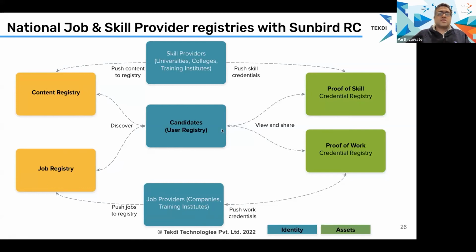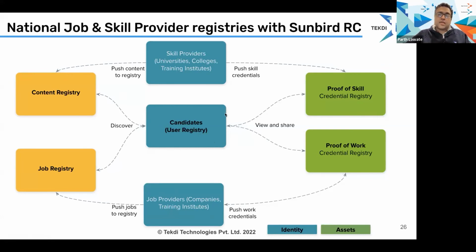And an interface is being built where these registries are made discoverable to candidates, where they can find content and opportunities to get trained, which would result in them getting skill credentials, and if they are already doing a job through the job registry, a proof of work being issued.